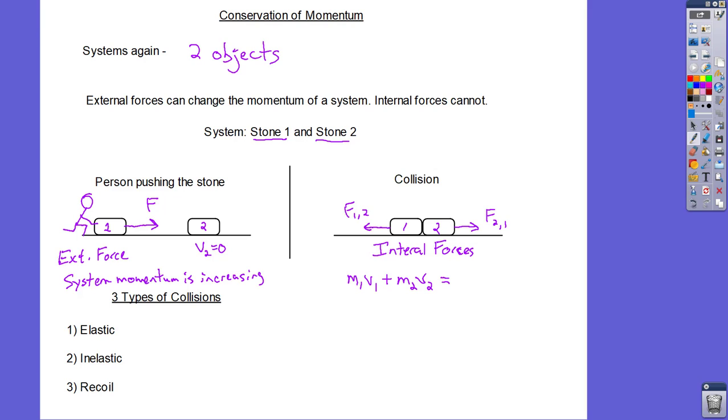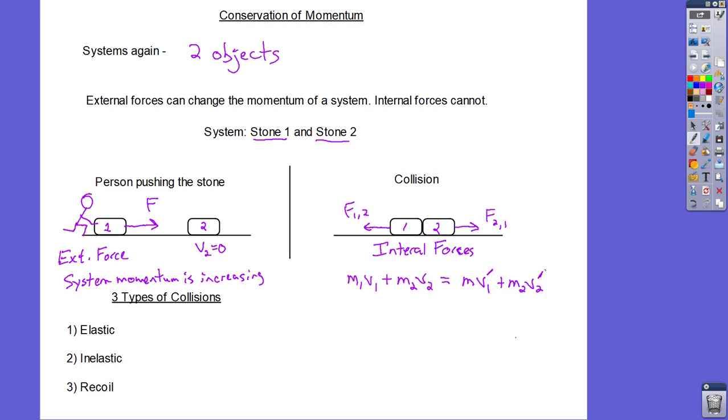And then after the collision, each one would have a momentum mv, but it's a new v, so we usually use a prime there, plus m2 v2 prime. Okay, and so that equation is useful in most of the problems that we do. So once you know that momentum is conserved, you can use that equation to solve that.